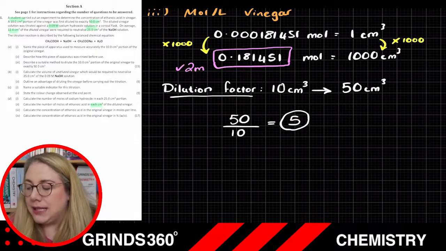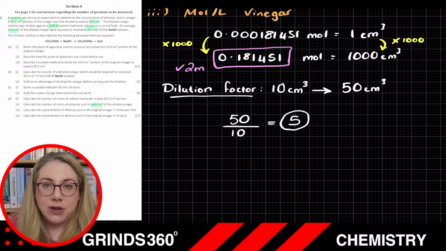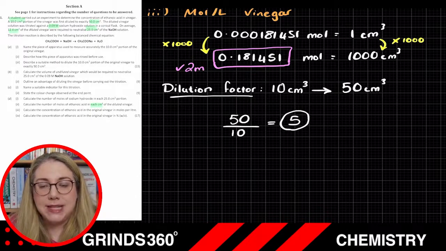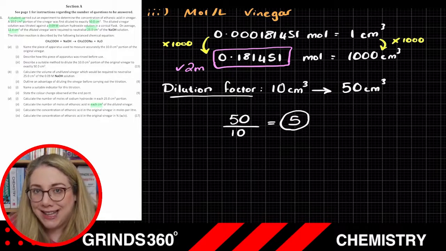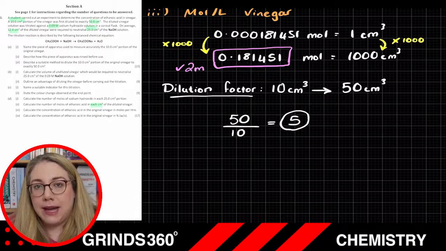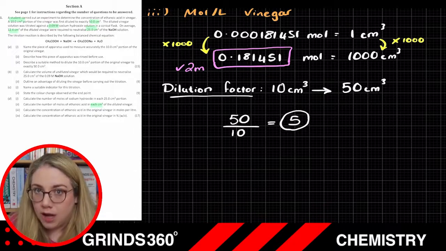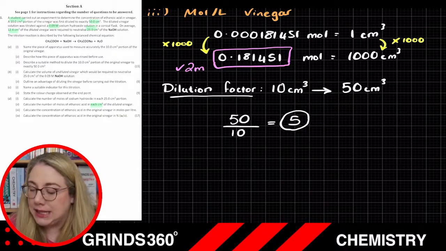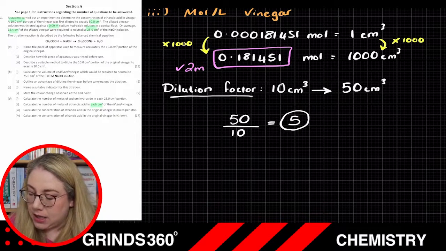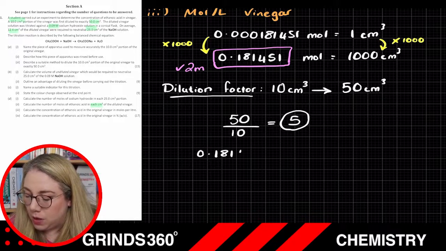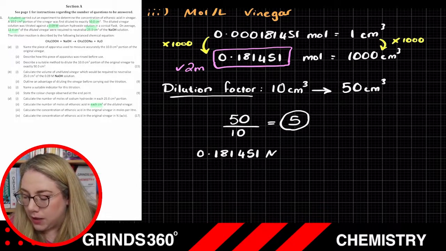Now what that number means is the solution of ethanoic acid that was used in the experiment is 5 times less concentrated than the original. To work my way back to the original, it is 5 times more concentrated than what we used in the experiment. Now we know that the concentration of what we used in the experiment was 0.181451 molar.